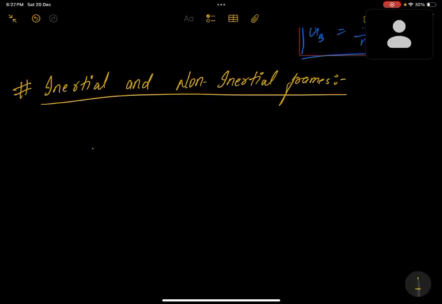This is a slightly different topic from all the topics that we have studied till now. This topic comes from the concept of frames of reference, that is, from where we are observing our object.